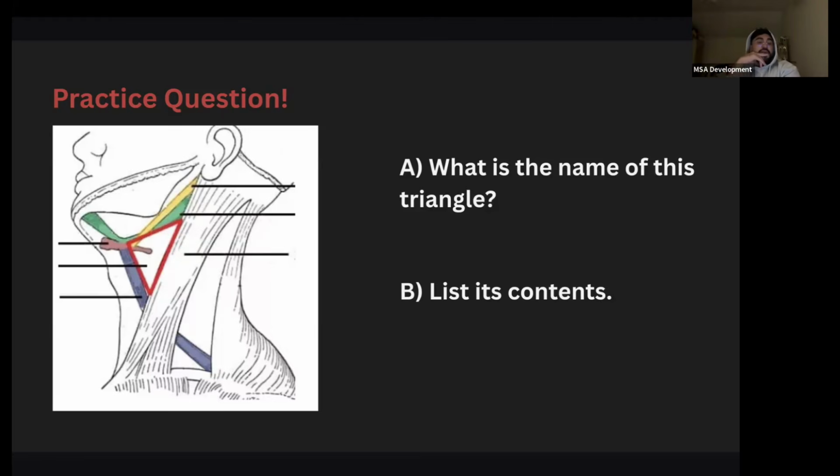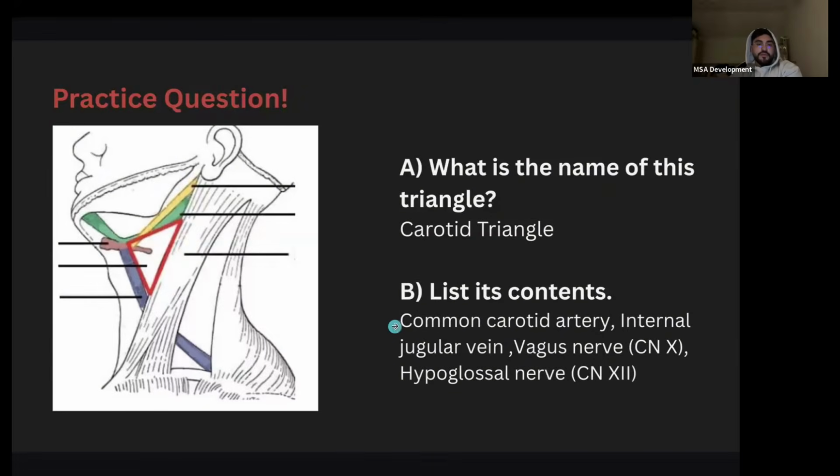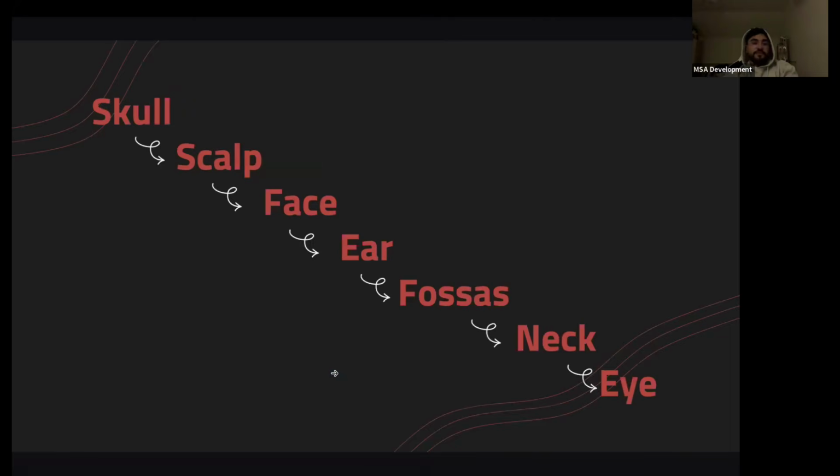Below the digastric, the posterior belly of the digastric muscle. So this is going to be the carotid triangle. And the contents, everything related to the carotid. What are the nerves that pass through the carotid triangle? 10, 11, and 12. Okay. So yeah, common carotid artery, internal jugular vein, vagus nerve, hypoglossal nerve, and also the spinal accessory nerve.